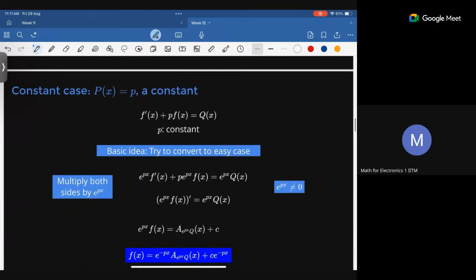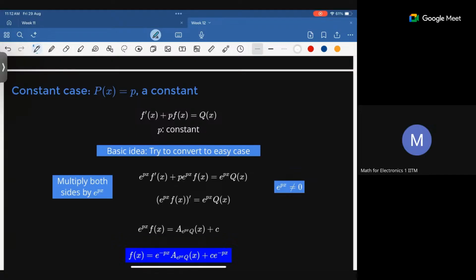So we'll see the constant case, something like, if we have expressions with first order, I mean we have only one derivative in the equation, f prime of x plus whatever the function that is getting multiplied to this f of x is a constant, so that becomes p into f of x is equal to q of x.